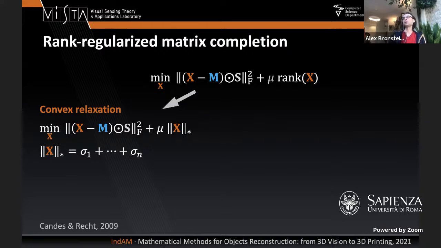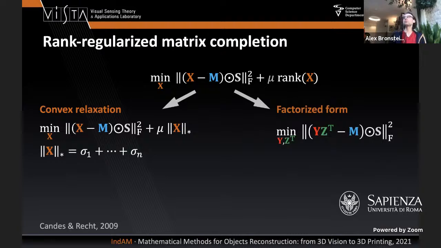And in this way, we can actually solve this non-smooth optimization problem, a convex optimization problem, with the rank replaced by the nuclear norm of X. Okay, so this is a very famous family of approaches. They are computationally intractable for large matrices because SVD is a very costly operation. It cannot work if our matrix has a dimension of millions by millions.